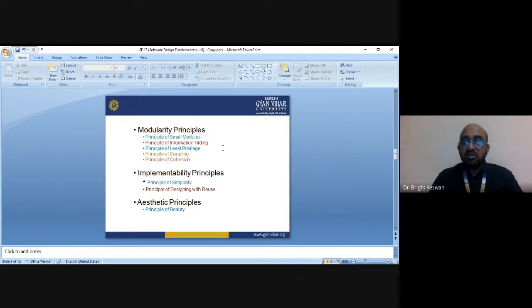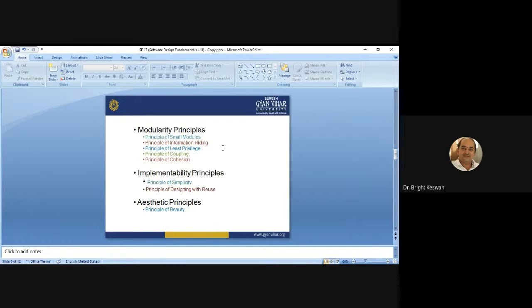So reduce the complexity. What is the key aspect? To reduce the complexity of the system. And how? The design principle of coupling suggests you minimize the level of coupling when you design modules.